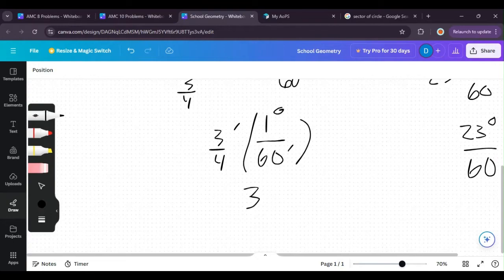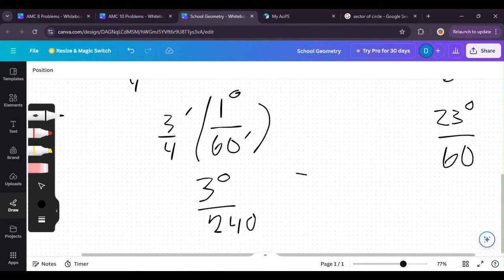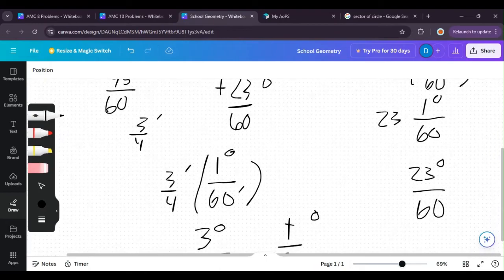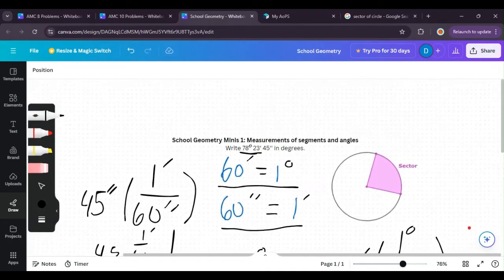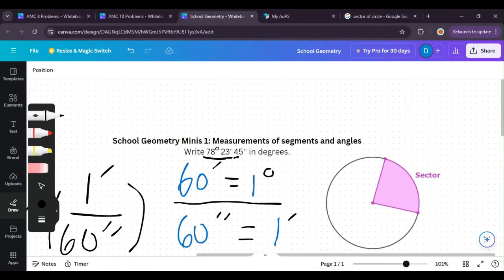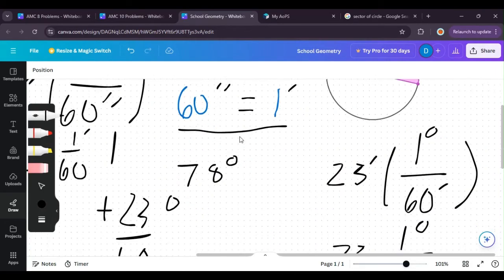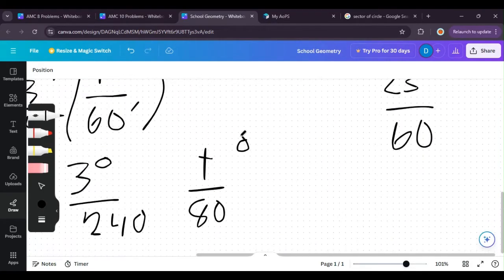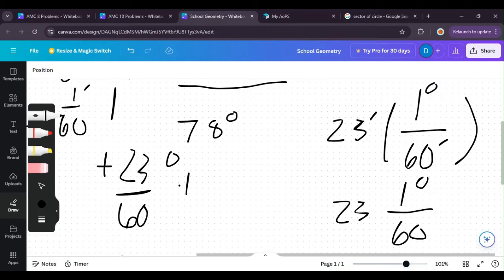So 3 degrees over 240, and that means it's 1 over 80 degrees. So we know that we did everything right, and we have 45 seconds in degrees, which is just 1 over 80 degrees. So we can add 1 over 80 as well.